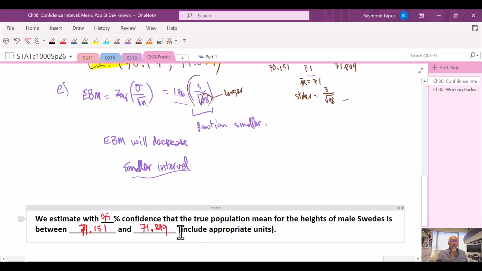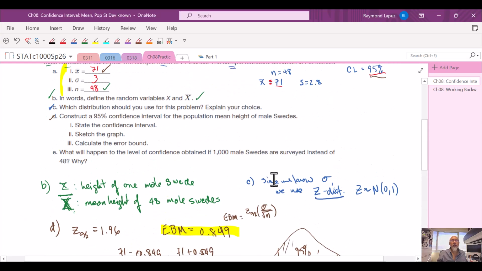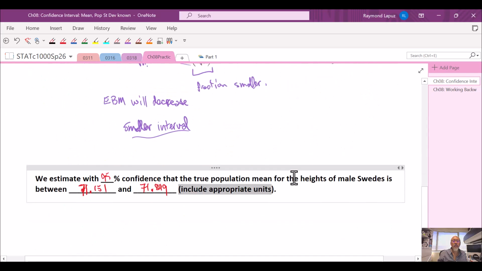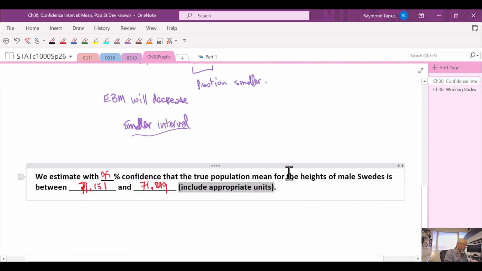And then we are looking at this in inches, I believe. Inches, yes. So we'll include appropriate notation, and that's it. All right, so we want to make sure that we state in words what it is that we are saying with this confidence interval. All right, and I hope that helps.